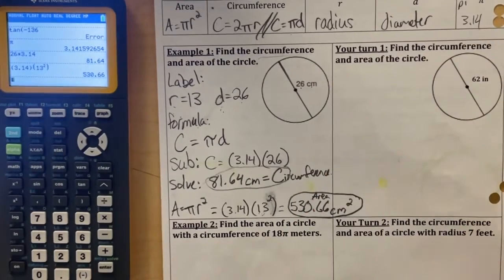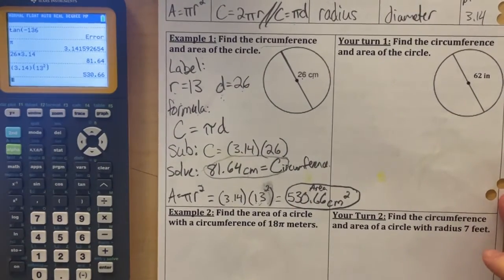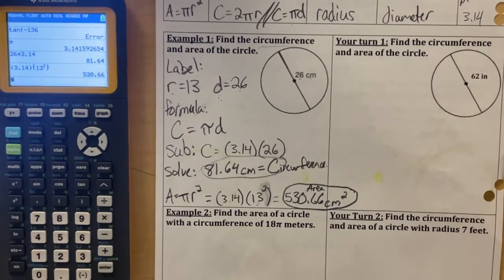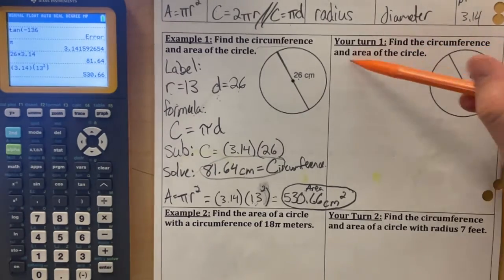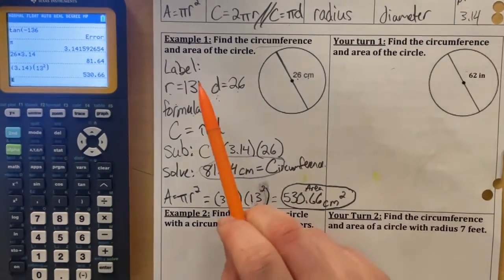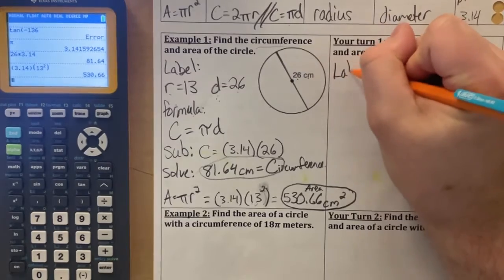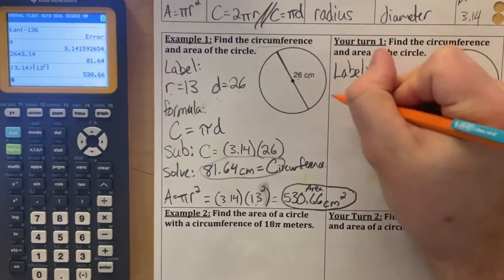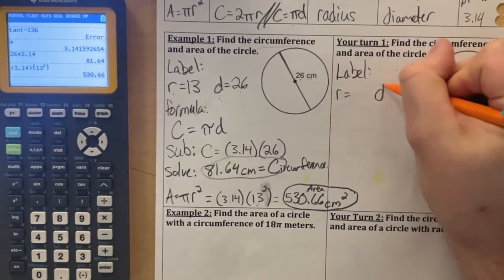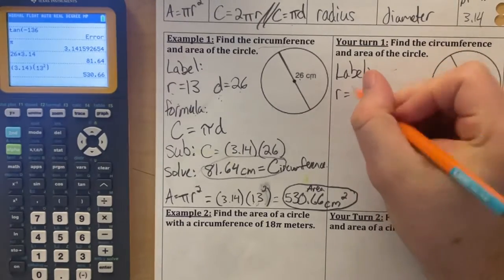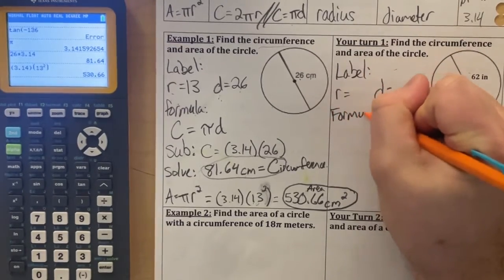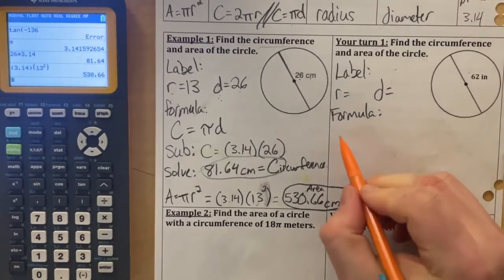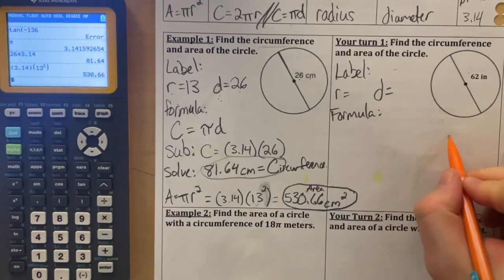All right. Again, feel free to pause the video at any point in time and ask questions, so that way I can help you out. Again, pause the video if you haven't already. Find the circumference and area of this circle. Again, follow those steps. You want to label your radius and your diameter. You want to make sure you have your formula. So again, maybe you can do circumference and then area on the side.